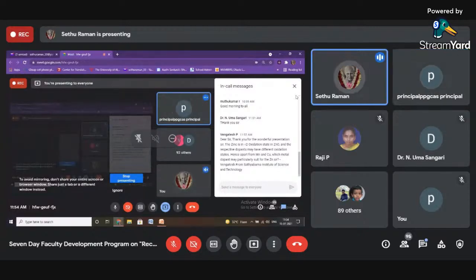Actually, people choose different dopants more or less randomly.